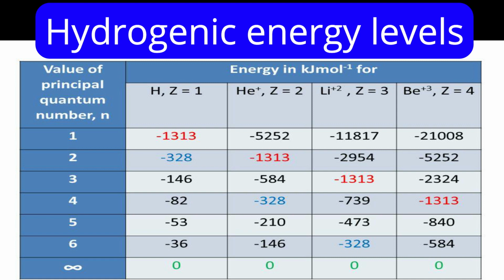Now see lithium plus 2. First shell energy is minus 11817 kilojoule per mole. How many times lower is this value? 9 times lower. Considerable decrease in the energy compared to the first shell of hydrogen.